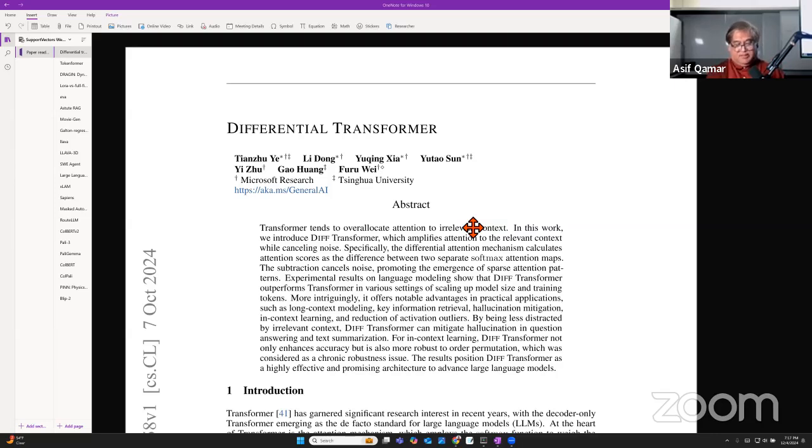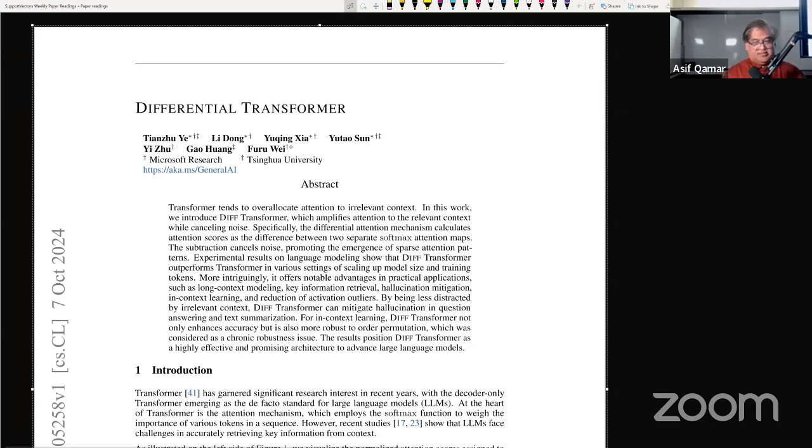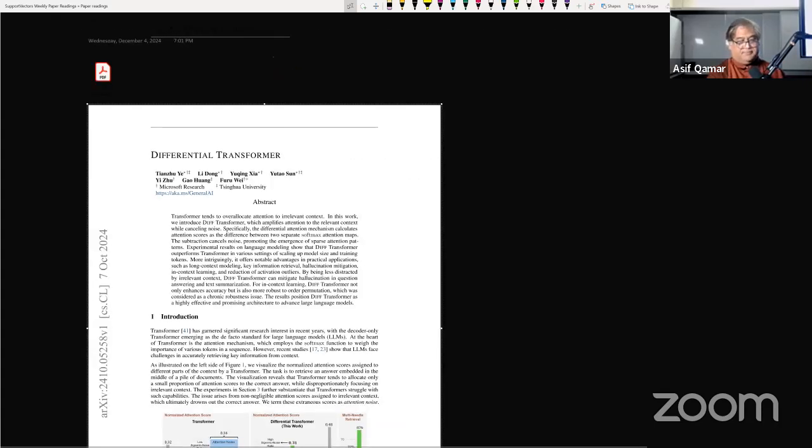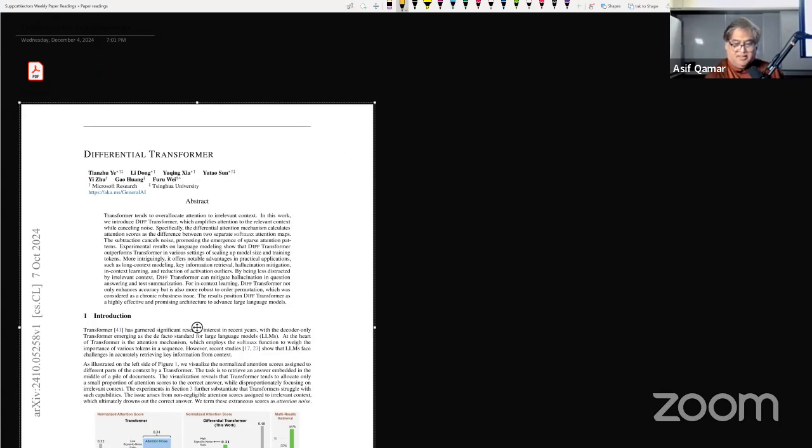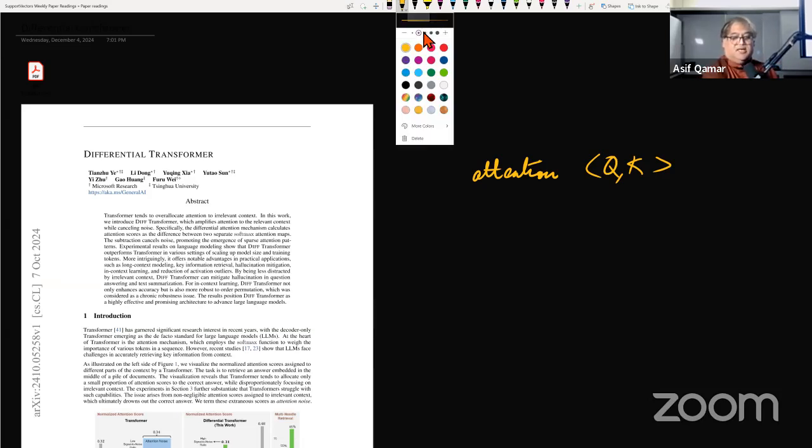The main point, which they mention in the first line, is that transformers tend to allocate attention to irrelevant context. What it means in simple terms is that if you look at the attention score, which is the dot product between the K and the Q, with obviously the normalizing factors, which I might gloss over.